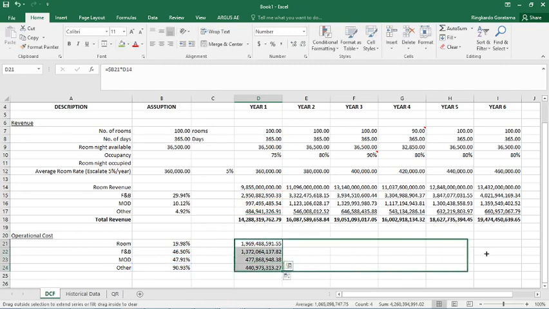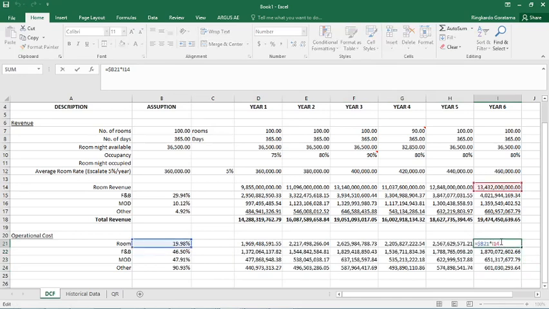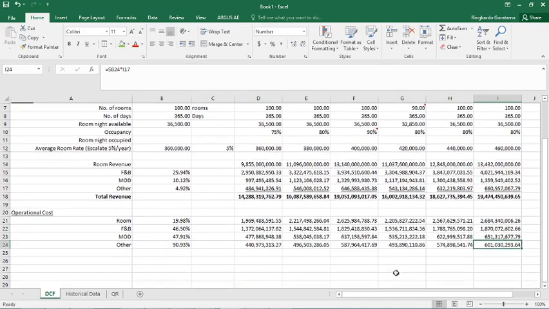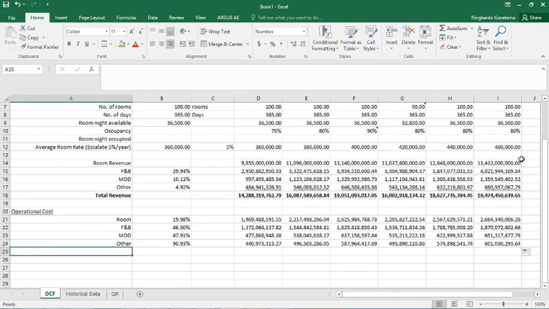Let me pull it in here and also correct. So we got the total operational cost is this.